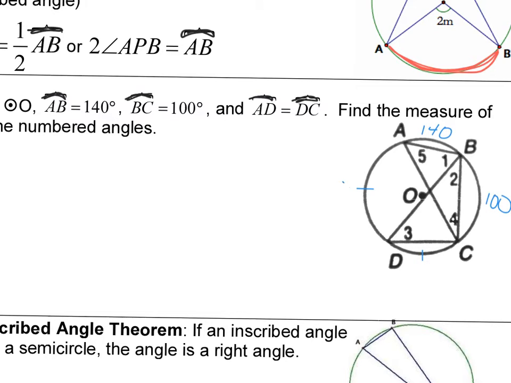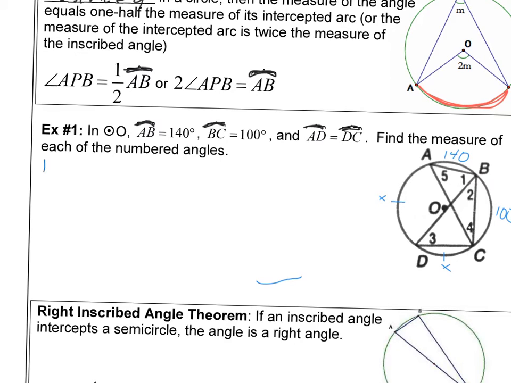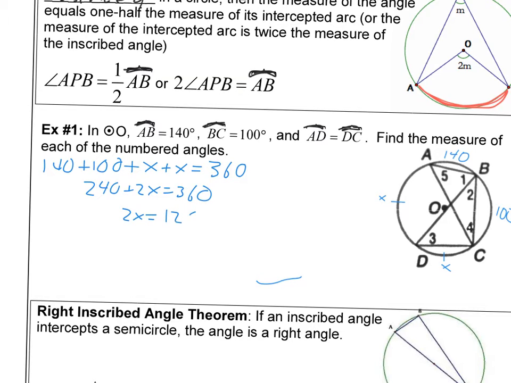If I just call it X, we could say that 140 plus 100 plus X plus another X has to equal what? Well, all the arcs in a circle add up to 360 degrees, so we get 240 plus 2X equals 360. Subtract 240 from both sides, we get 2X equals 120, therefore X is 60.